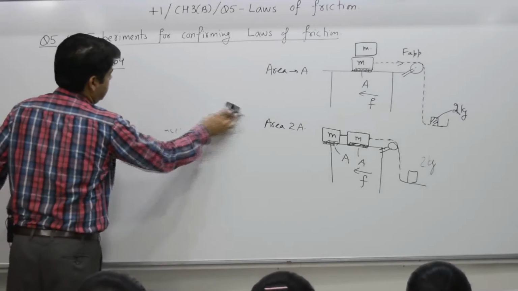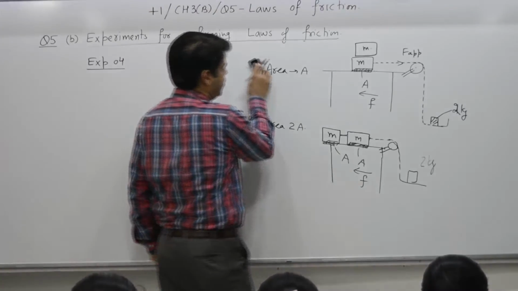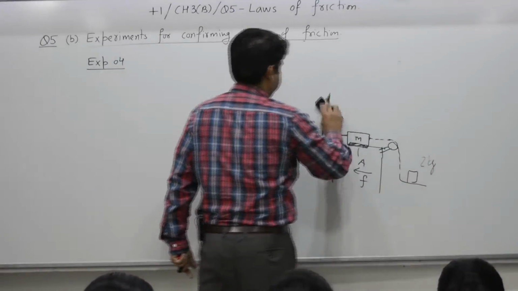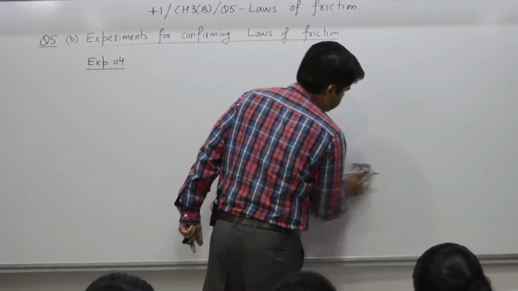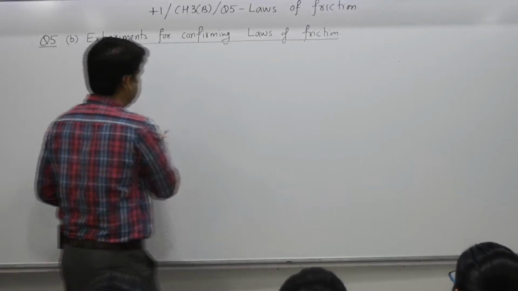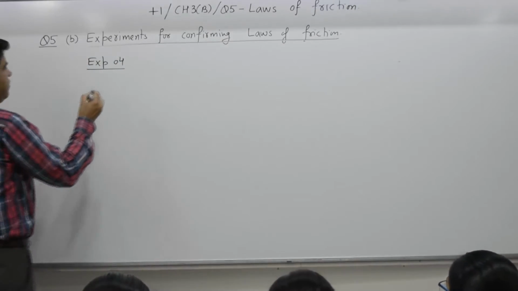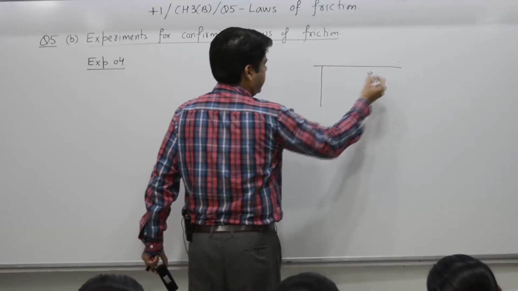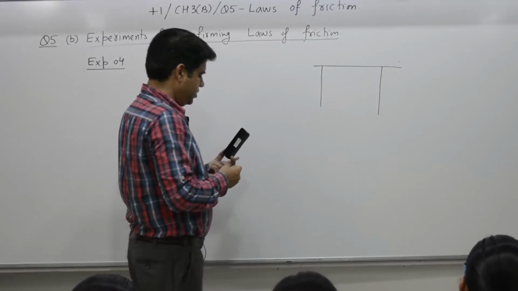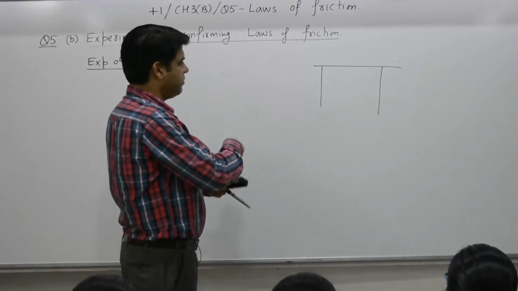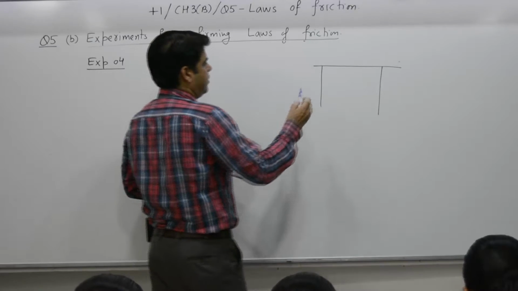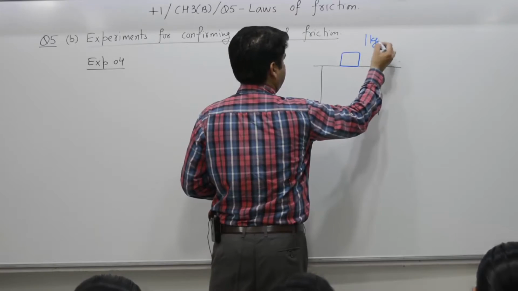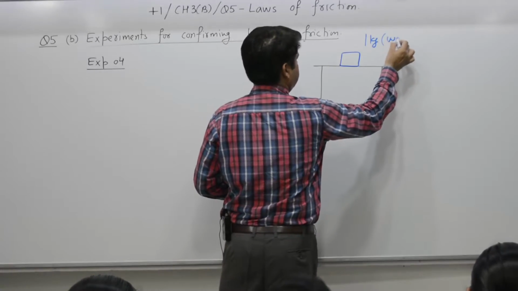Experiment number 4 to confirm law number 4. Law 4 is what? Friction depends on the material of surfaces in contact. Experiment number 1. Say this is one table of any material, say wood, and a block, 1 kg object, material is wood.